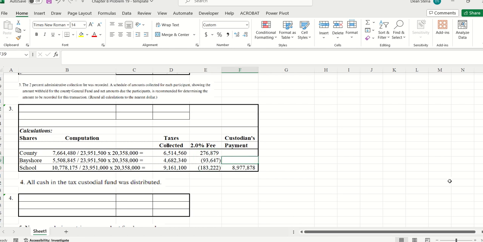Now we're going to take this and deduct it from that. And then up here, we're going to take this and add what we were getting. Okay, now let's go back here and actually see how we got these numbers, okay?